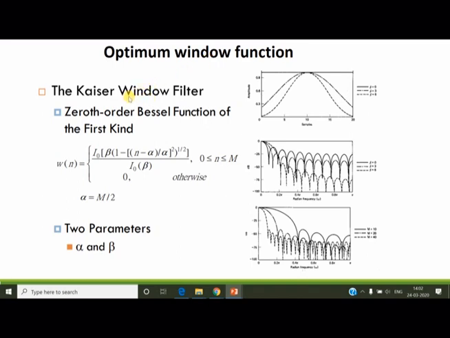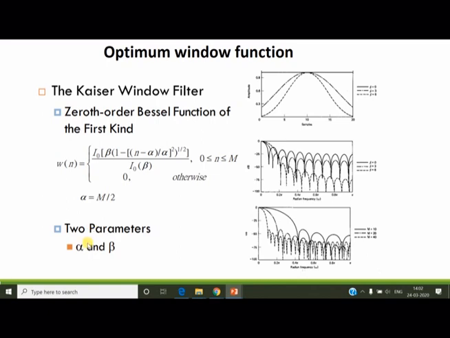The important characteristic of the Kaiser window is that it has two controllable parameters, alpha and beta. I0 of this function is the zeroth order Bessel function. These are the characteristics in the time domain and spectral domain for the Kaiser window.